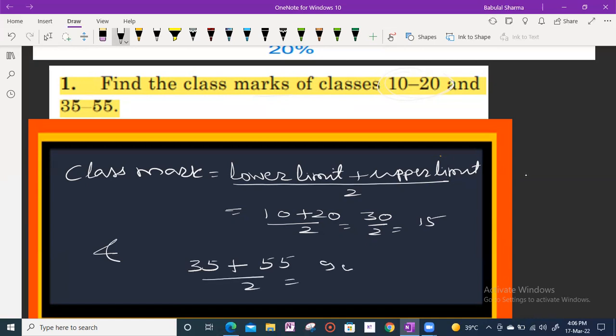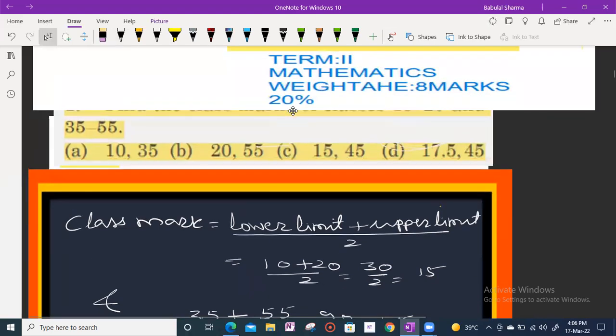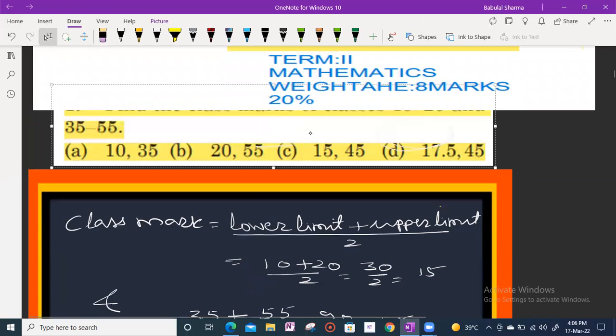So that is 90 by 2, which is 45. So the answer of this question is 15 and 45. Means the mid value of the class 10 to 20 is 15 and of 35 to 55 is 45. So C is the correct answer here.